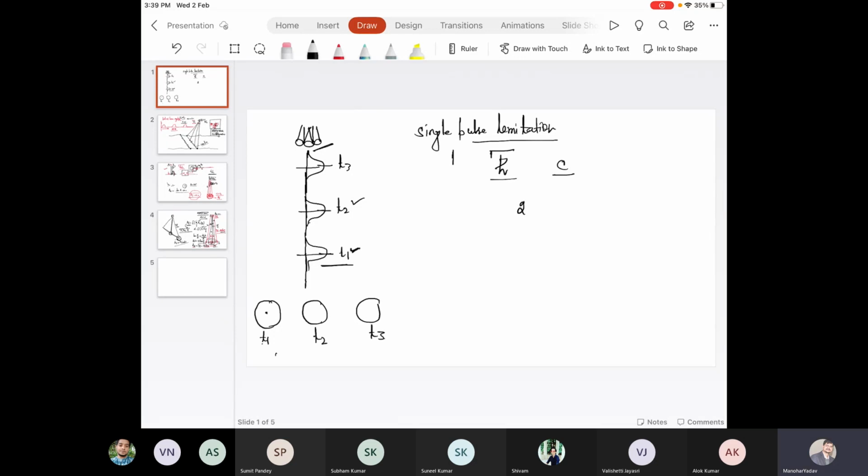Like this is the laser source, and this is the target T1 at height h. The energy travels with the speed of light c.